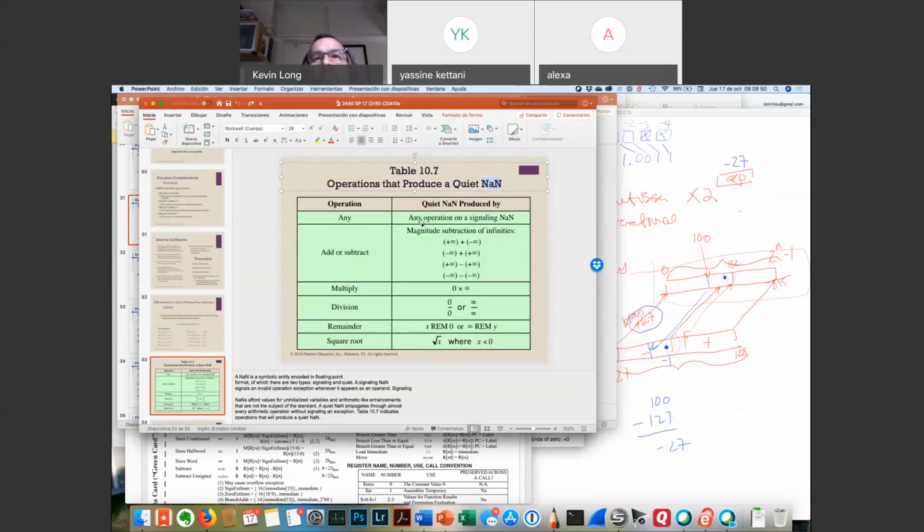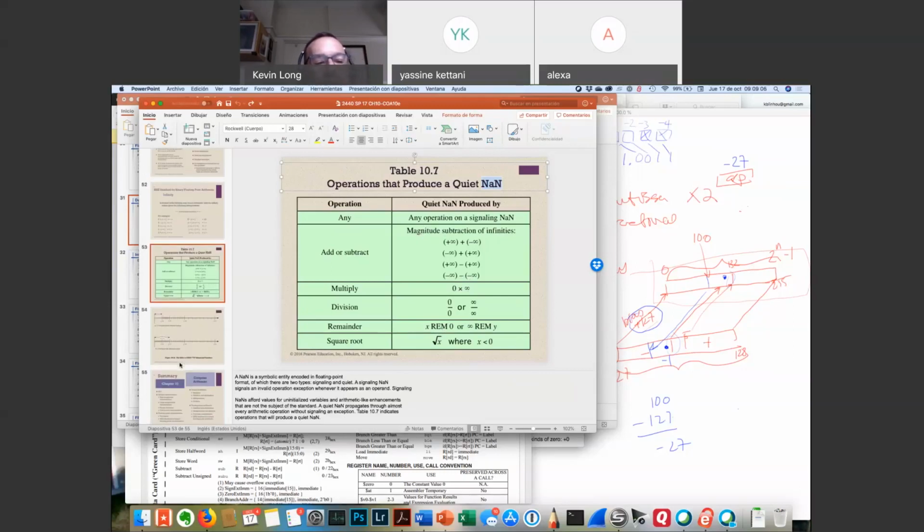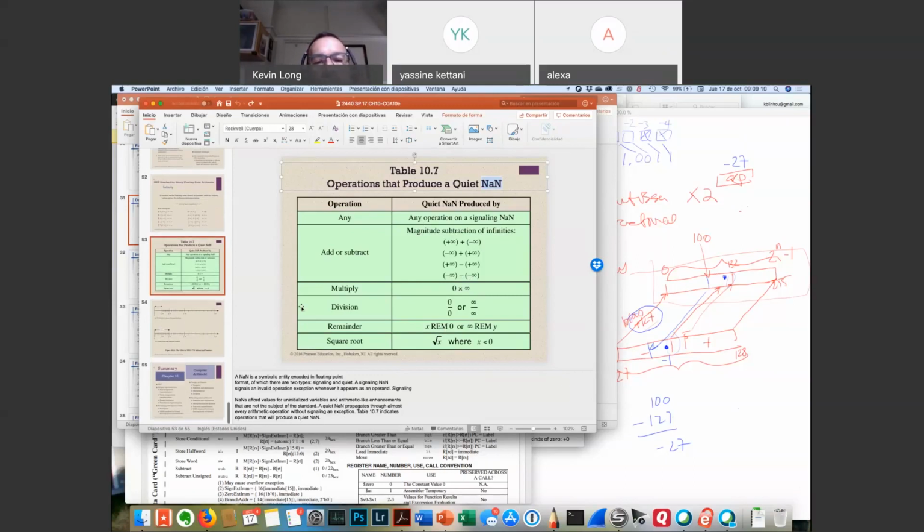A not a number is something like one of the examples we talked about: 0 times infinity, 0 divided by 0, x remainder 0, infinity remainder 0, square root where x is less than 0, etc. So it's a symbolic entity. So what do you want to do to represent this to users?